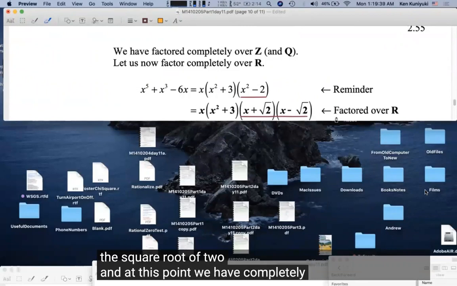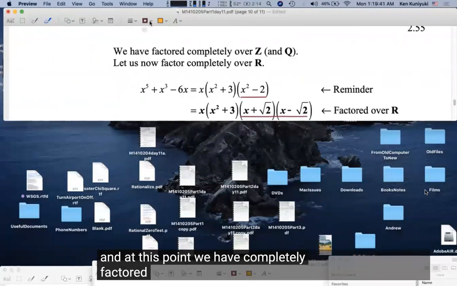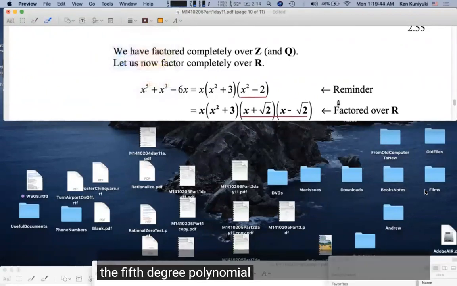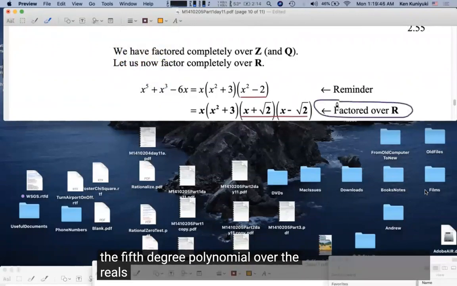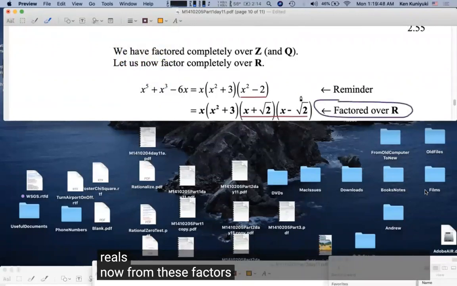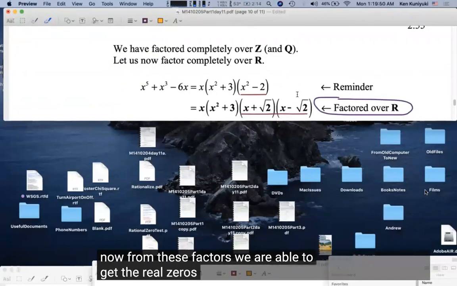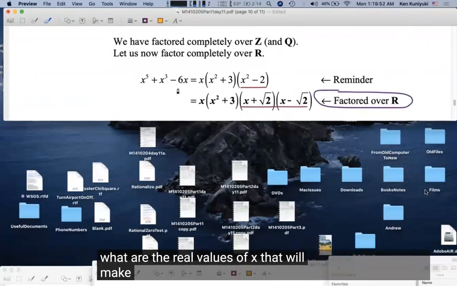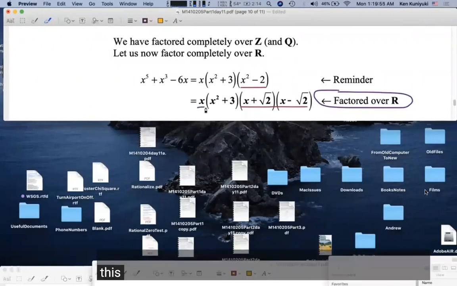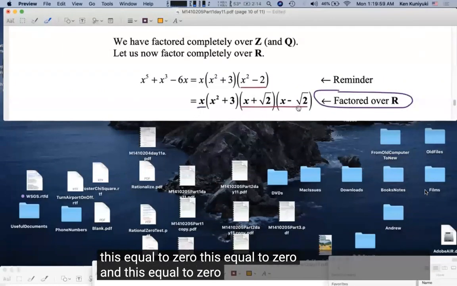And at this point, we have completely factored the fifth degree polynomial over the reals. Now, from these factors, we are able to get the real zeros. What are the real values of x that will make this equal to 0, this equal to 0, and this equal to 0?